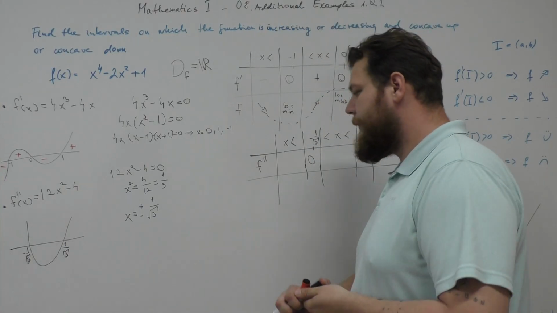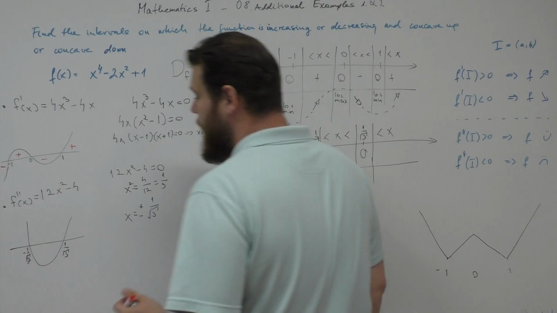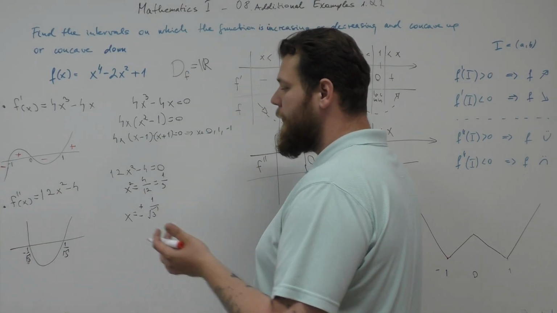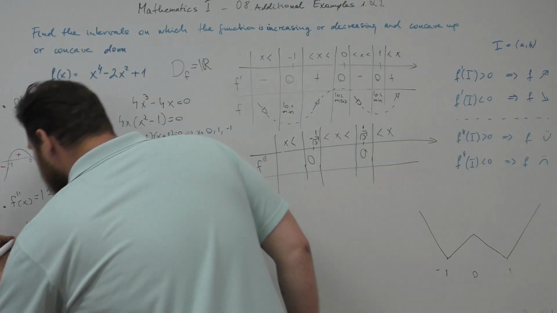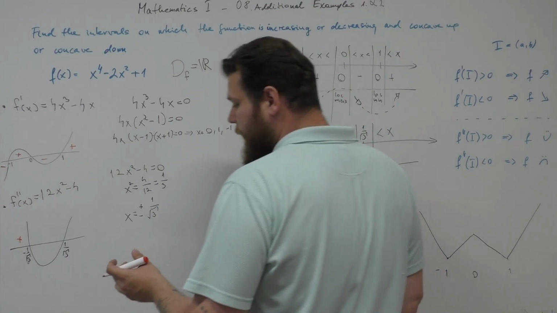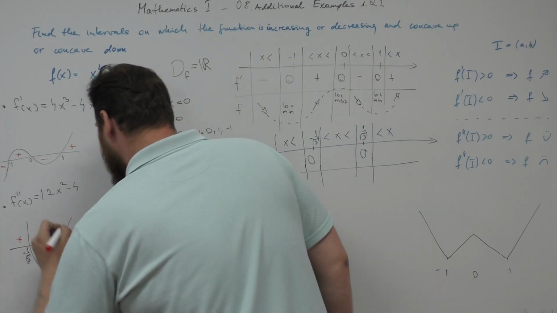We can see that if x is smaller than this value, the graph of the second derivative function is above the x-axis, so the second derivative function is positive here. And we can see that here is negative, here is positive.